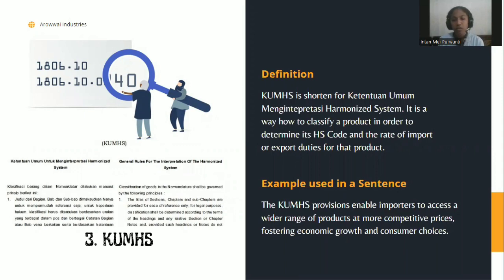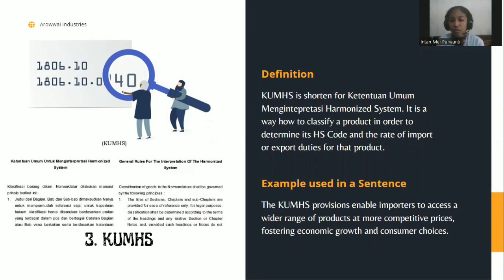The last term that I found is KUMHS. KUMHS is short for Ketentuan Umum Menginterpretasi Harmonized System. Basically, it is a way to classify a product in order to determine its HS code and the rate of import or export duties for that product.